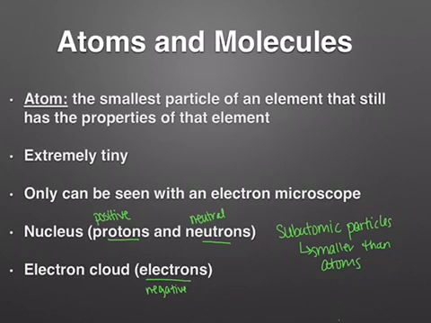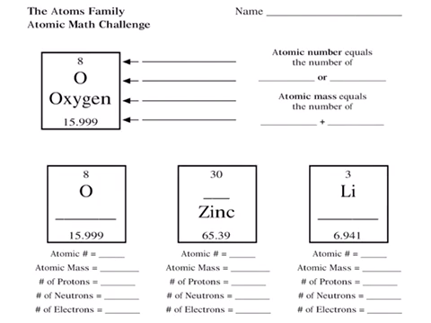We're going to take a look at this little worksheet here. Each of these squares represents a square on the periodic table. This whole number at the top, we call the atomic number, and the atomic number indicates how many protons an atom has.